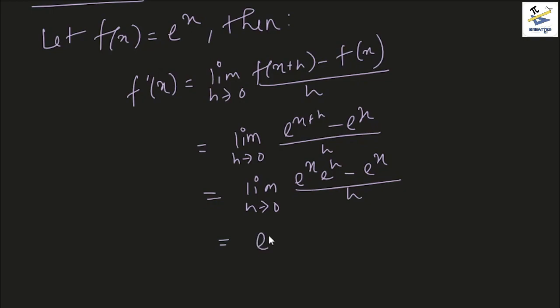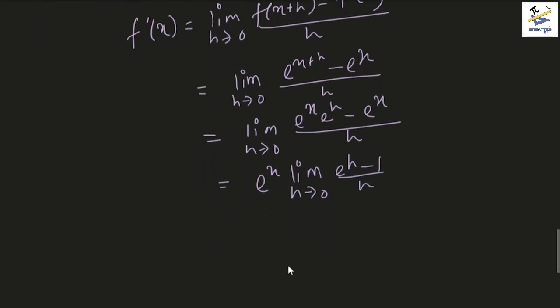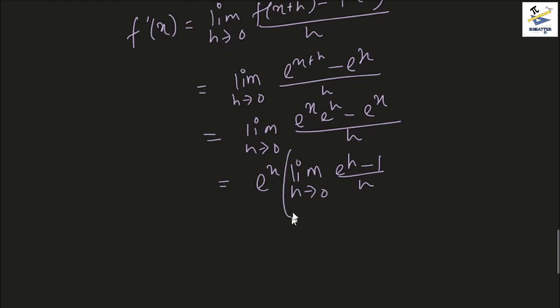Now we can take e to the power x common, as the limiting variable is h, so e to the power x is basically a constant here. We can write e to the power x into limit h tends to 0 of (e to the power h minus 1) divided by h. And as we know from previous experience, this limit is equal to 1, as I have proved. So the answer is e to the power x.